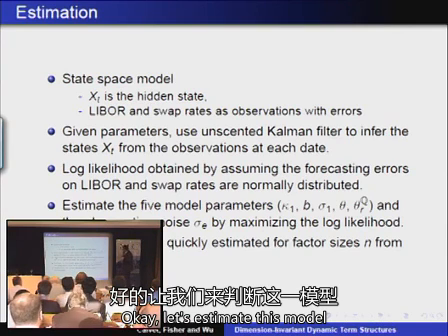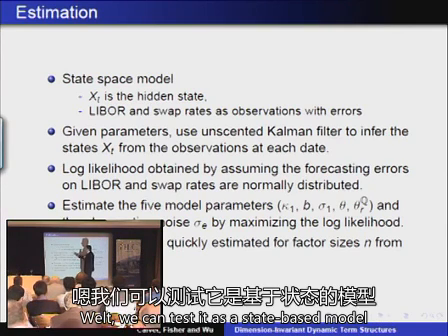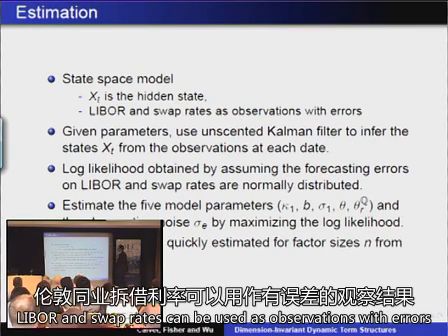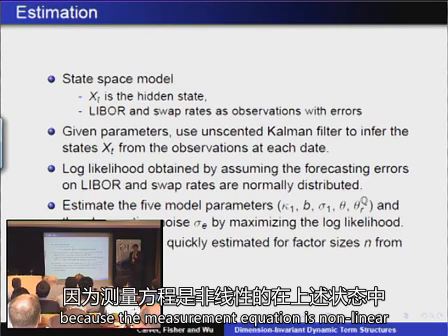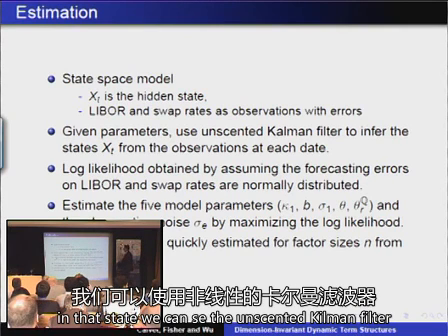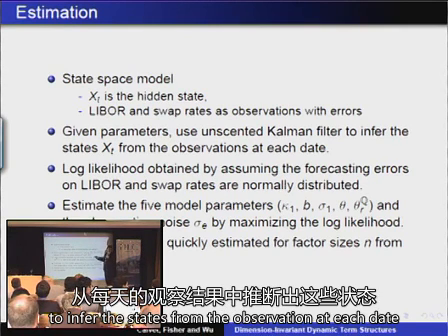Okay, let's estimate this model. We can cast it as a state space model. X_t is a hidden state. LIBOR and swap rates can be viewed as observations with errors. Because the measurement equation is nonlinear in X_t, we can use the unscented Kalman filter to infer the states from the observations at each date.